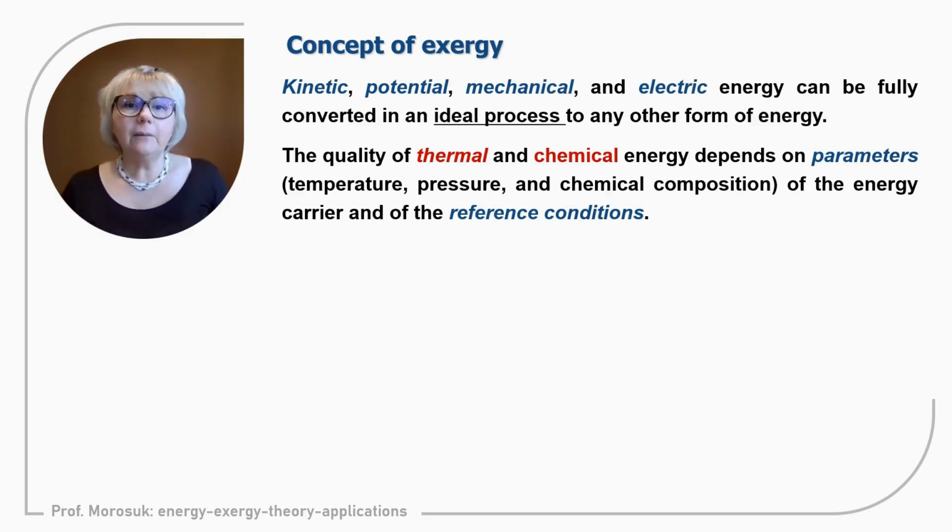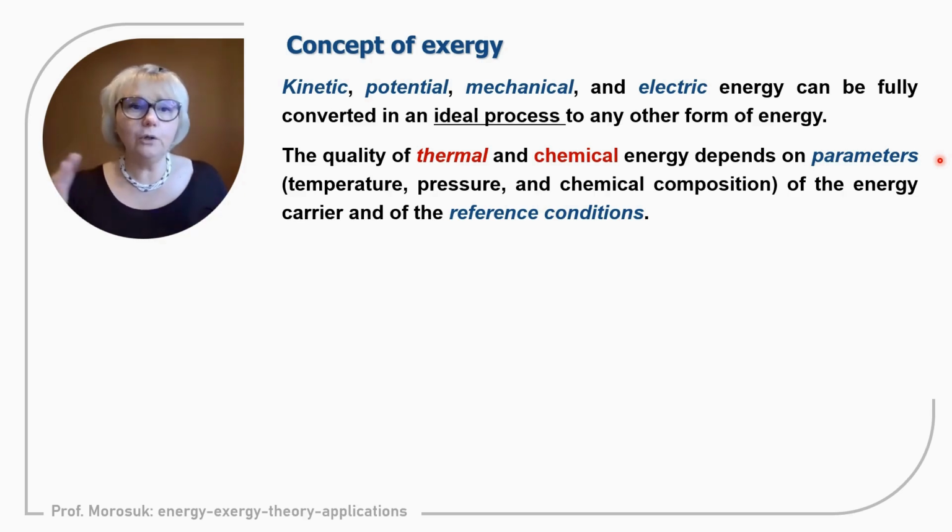What about thermal and chemical energies? It means that thermal and chemical energies can also be converted to other forms of energy, but these forms of energy have quality. Thermal and chemical energy have quality, and quality depends on parameters. As usual, for quality we need reference conditions.